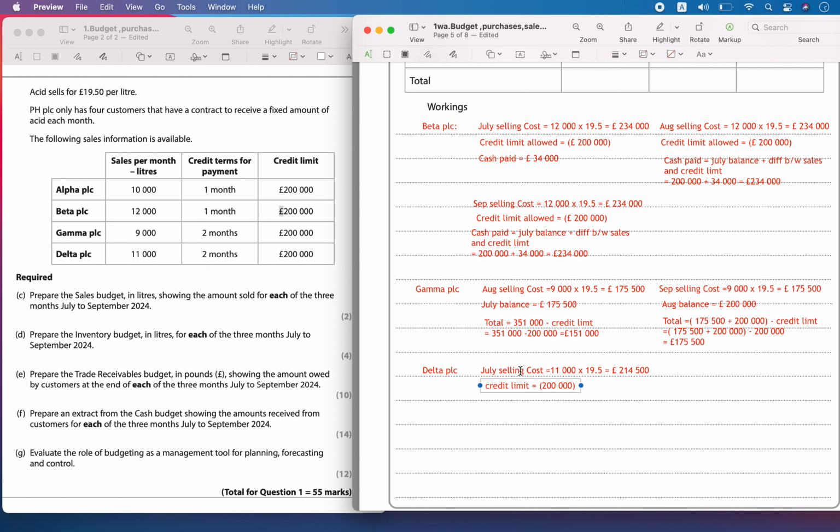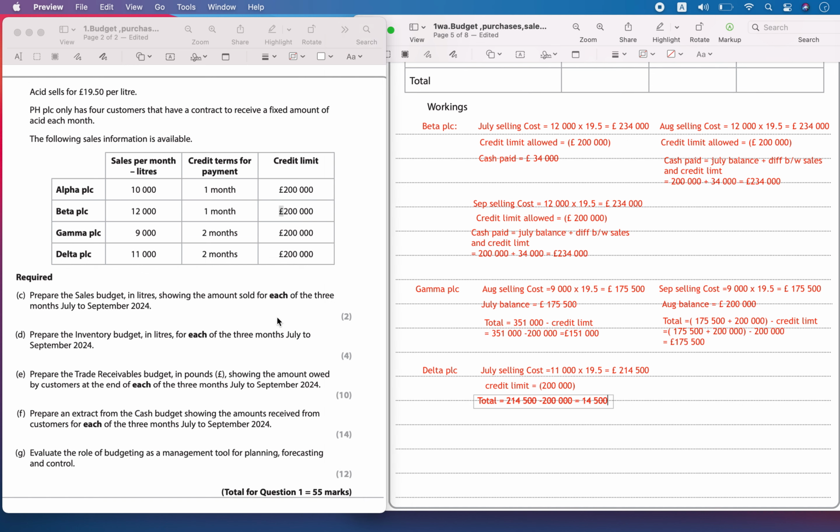the total that needs to be paid minus the credit limit. So the cash payment that needs to happen is equal to 214,500 minus 200,000, so that is equal to 14,500.